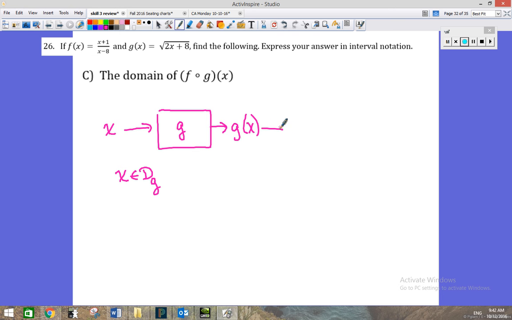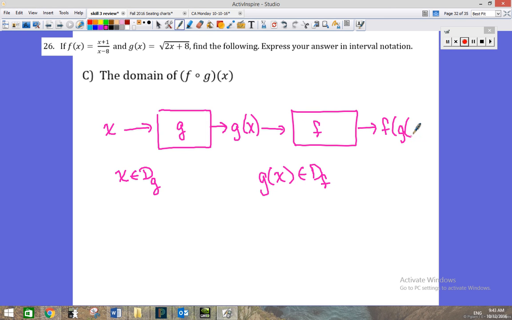This output now becomes the input into the next function f. So any input to f has to be in the domain of f. The input to f this time is the output of g. If that output of g is in the domain of f, then we will have a result.